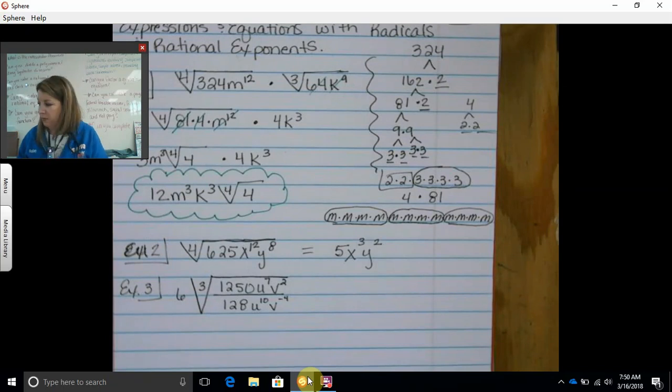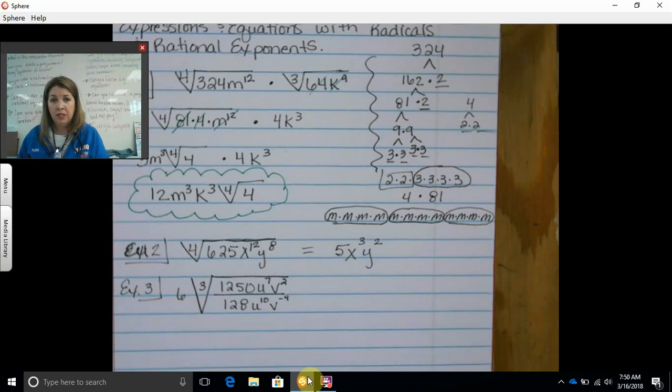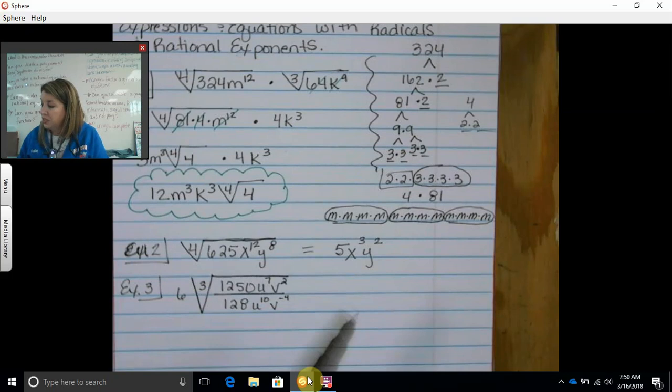What I am going to worry about is I have like bases in the numerator and the denominator. So I'm going to put them both in one place, either both in the numerator or both in the denominator. And then I'll worry about taking the cubed root after I get all that finished. Now, this radical is written as one giant radical.